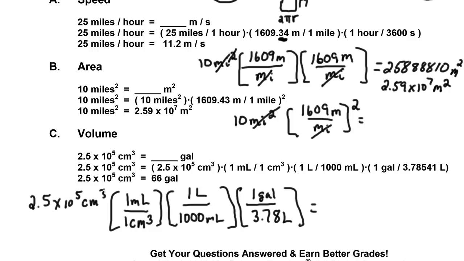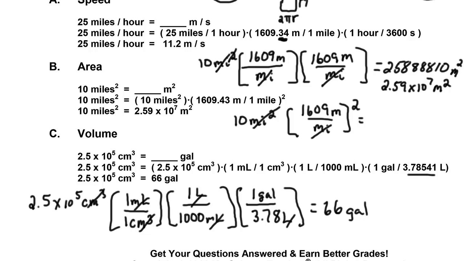So cubic centimeters drop out, milliliters drop out, liters drop out, and we're left with gallons. So we have 2.5 times 10 to the 5th, divided by 1,000, and divided by 3.78, and I get 66.1, or 66 gallons. And again, I did an approximation.